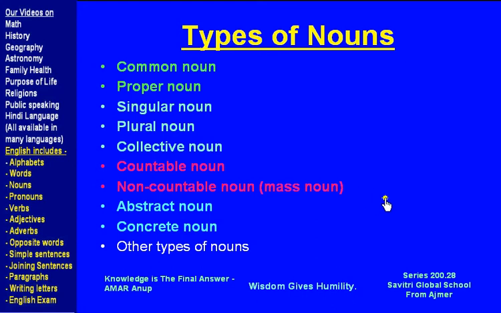So be clear that the same noun can fall in many categories. Now let's look at all these one by one in detail. For more details on things like singular noun and plural noun, go to our lecture on singular and plural forms. Here we will just tell you the summary.